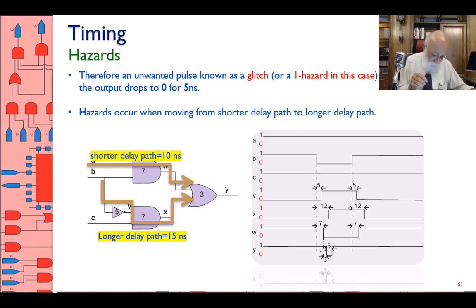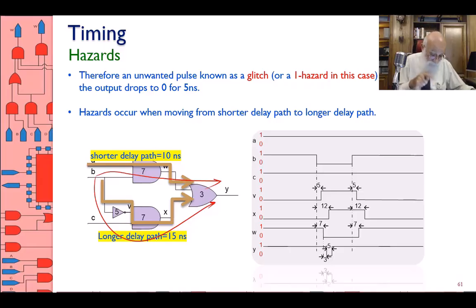Let's do this. See, B has a path to the output. It also has a path to the output. These two paths are complementary. That means either the lower path is active or the upper path is active.